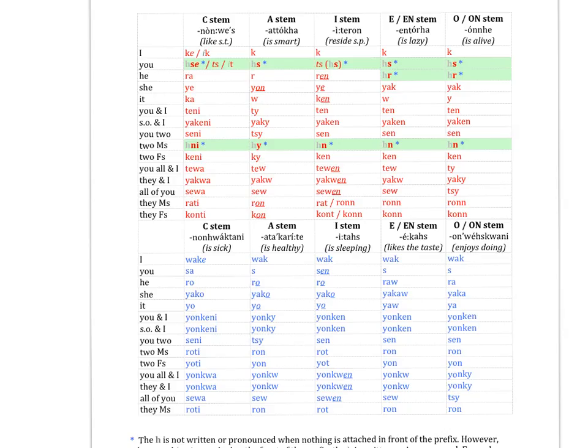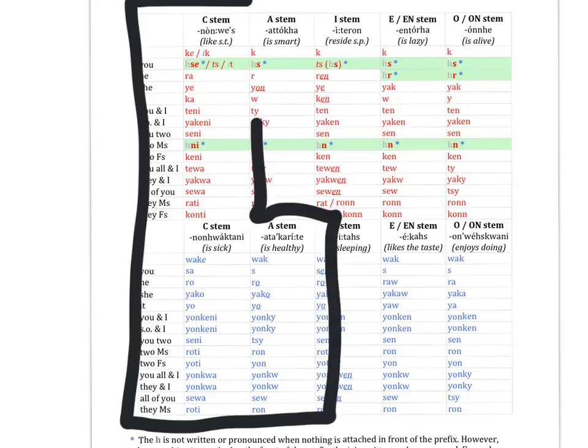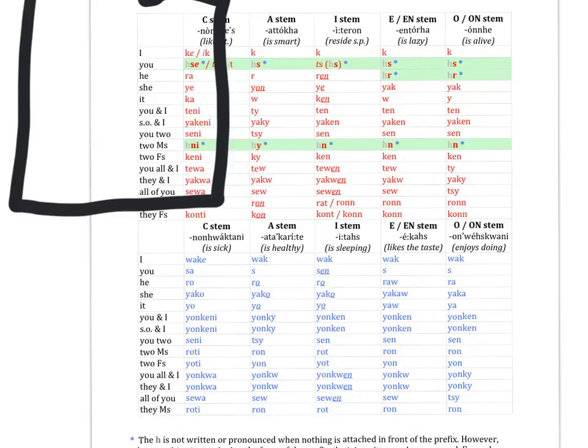So remember that we're still just looking at these first three columns, and in those columns, we just have those two instances where this H rule comes into play.